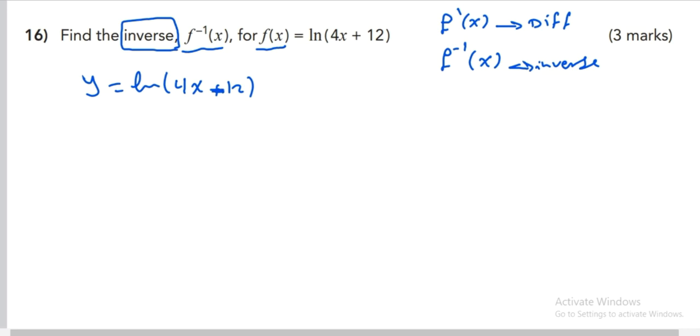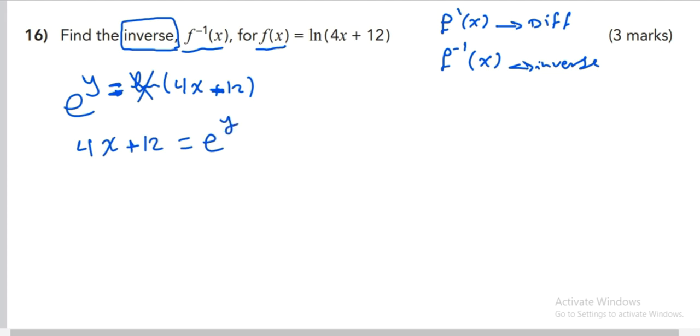First step, we have to get rid of ln. To get rid of ln, we'll cancel ln from this side and write e to the power on this side. We can write e power on both sides, but to reduce steps, we'll cancel ln from here and put e power here. So the expression will be 4x plus 12 equals e to the power of y.